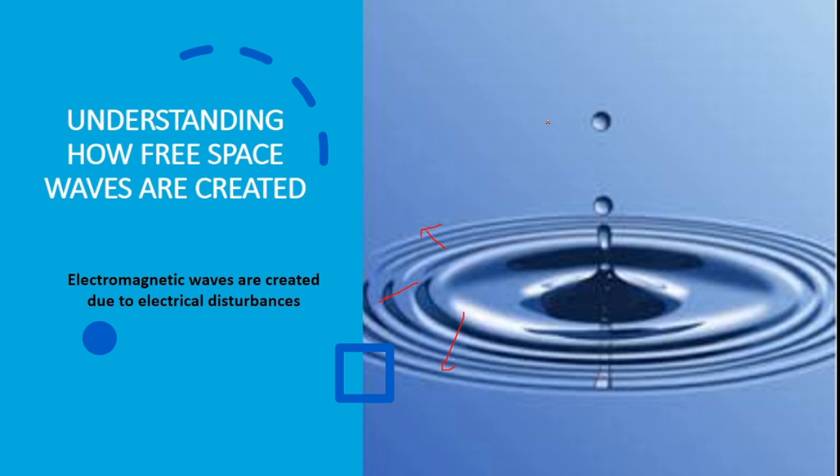Even after the pebble has been dropped and the disturbance is over, the waves still keep on moving outward because of the disturbance created initially, right? So this is an example of radiation.